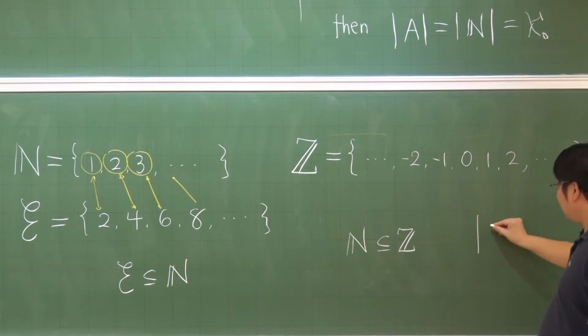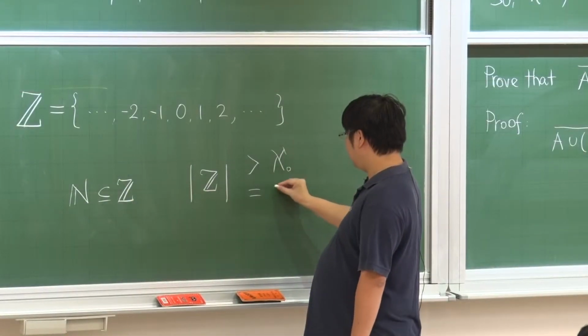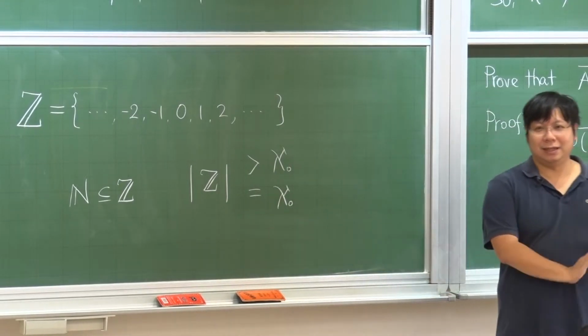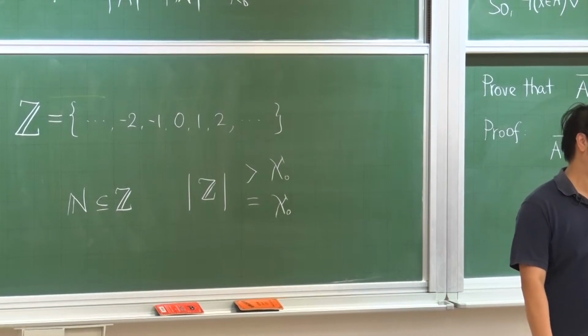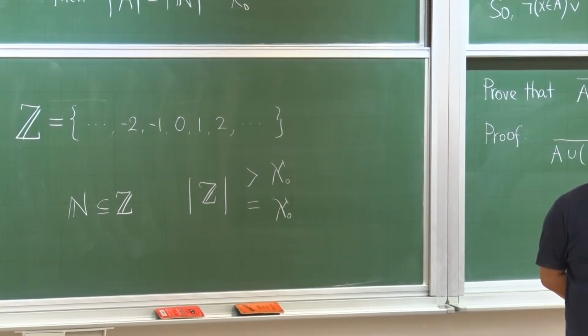So I want to ask, what is the cardinality, the size, of this set? Is it going to be strictly greater than, or equal to, that of N?